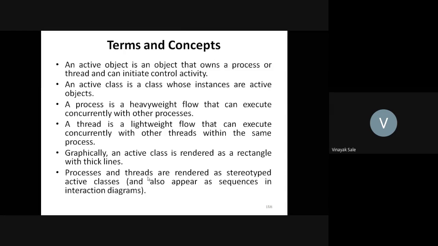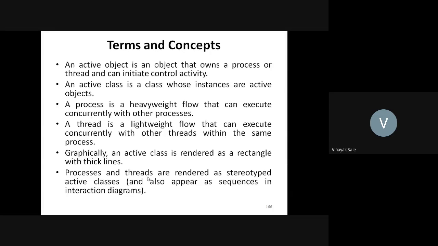A process is a heavyweight flow that can execute concurrently with other processes, and a thread is a lightweight flow that can execute concurrently with other threads within the same process. Graphically, an active class is rendered, that means shown, as a rectangle with thick lines. Processes and threads are shown as stereotyped active classes.